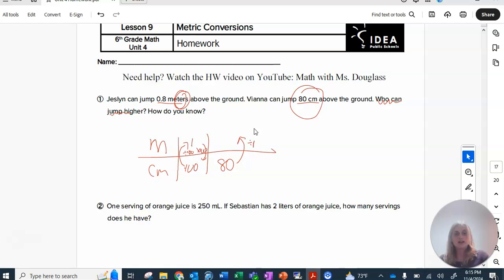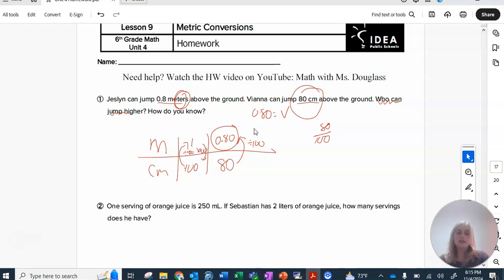So 80 divided by 100 is going to be 0.8 or 0.80, which we know how to write in decimal form. So then I'd come off to the side, and I'd say, okay, this number right here, 0.80 is Viviana.